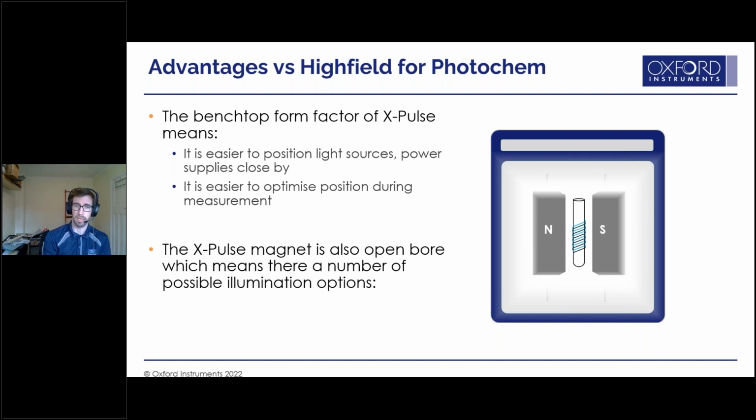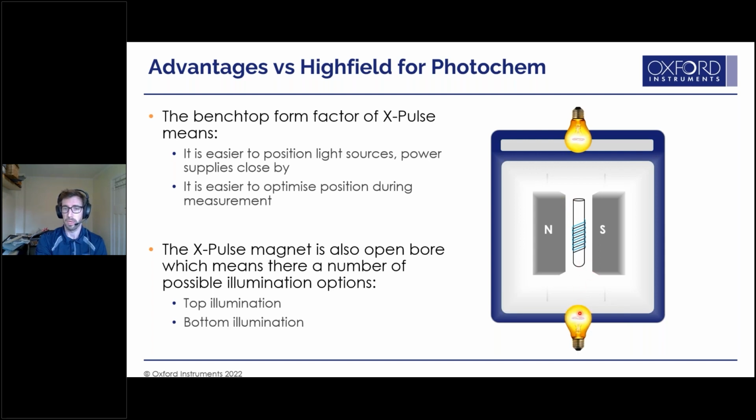Now, the X-Pulse itself also has an open bore. That means that there are a number of possible illumination options that actually Sasha showed in his presentation. So with the NMR torch, we can do effectively this top illumination, but the bore's completely open. So with no changes to the probe itself, you could even consider illuminating from the bottom.